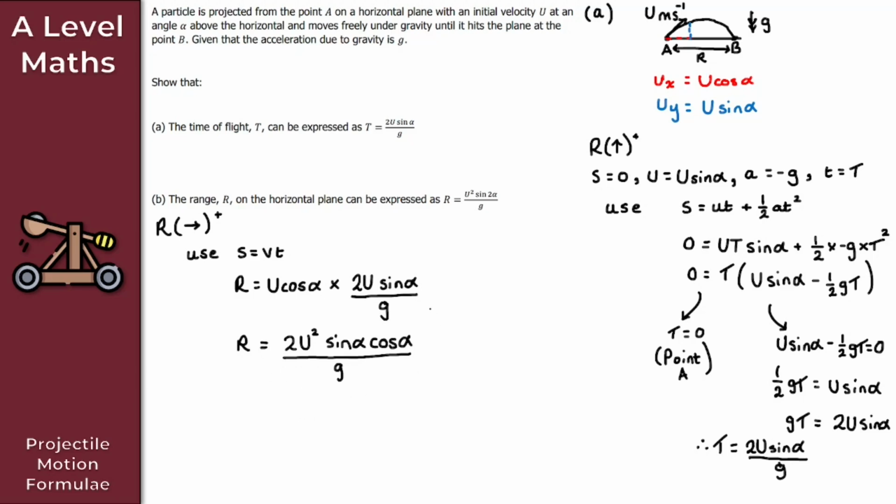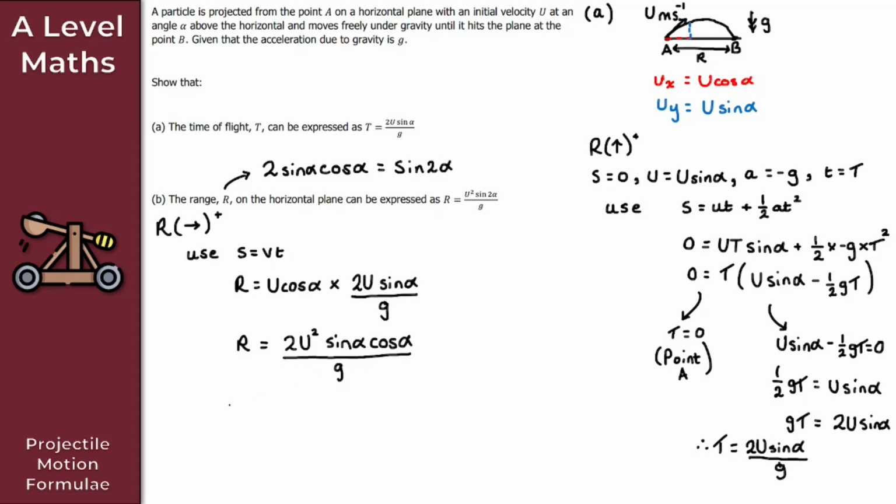We're going to use the double angle result for sine, because what I've actually got here is u squared times 2 sine alpha cos alpha. So for part B, we have 2 sine alpha cos alpha, and this is equal to sine of 2 alpha, like so.